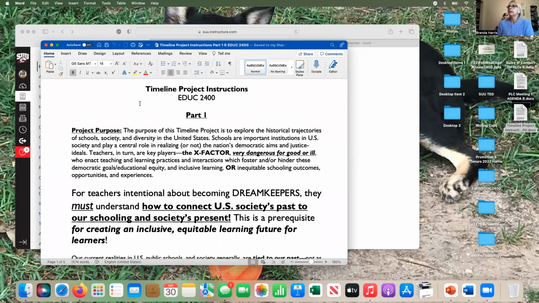We've talked about this here, that teachers are the X factor. So if you can understand these historical trajectories of this relationship among school, society, and diversity, and now we're able to say social differences, we know that's more accurate.